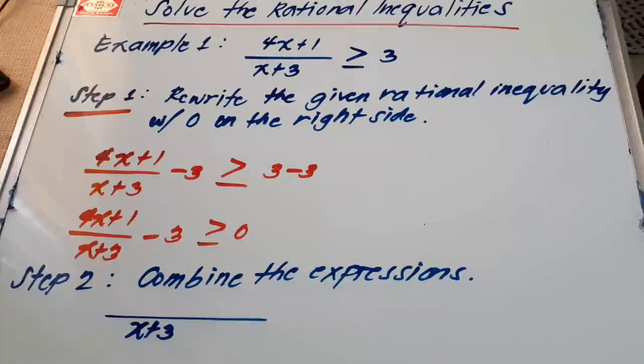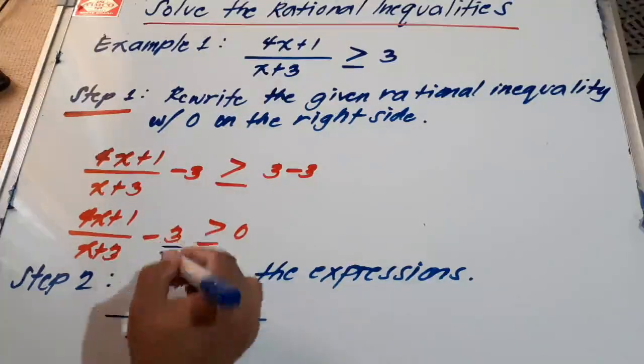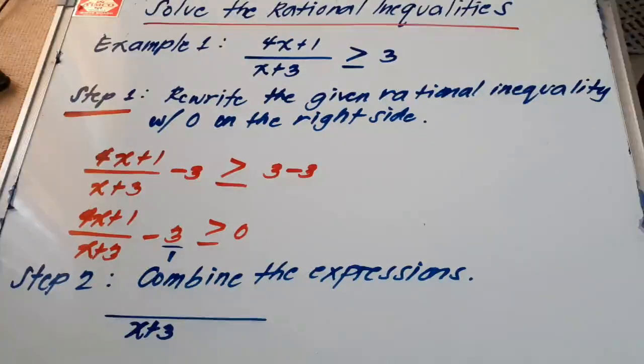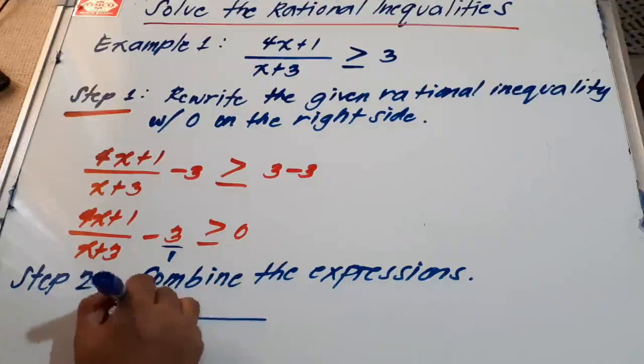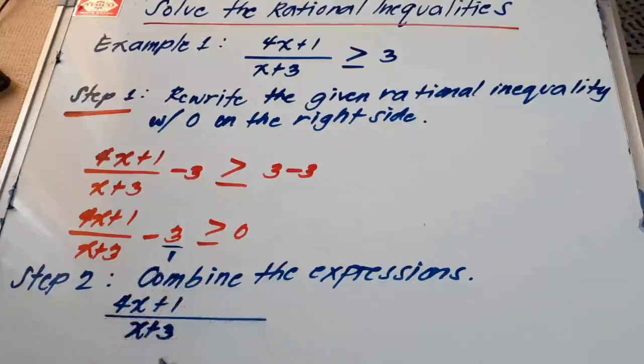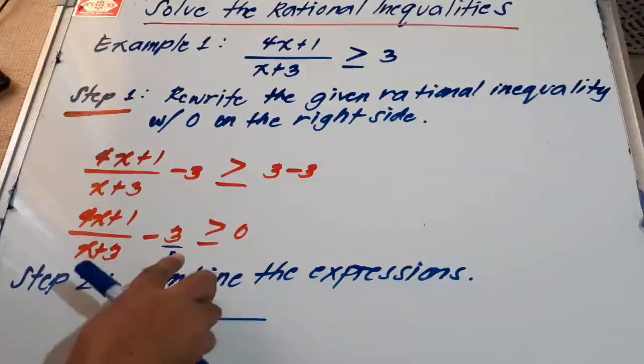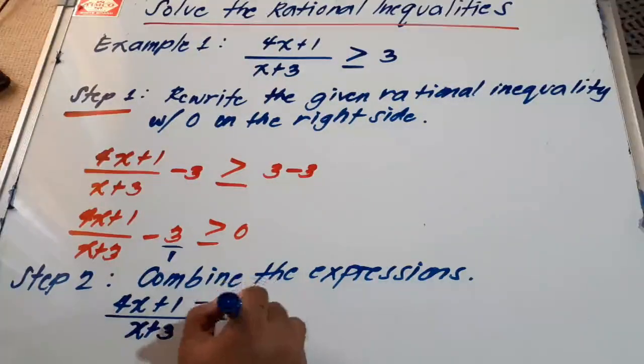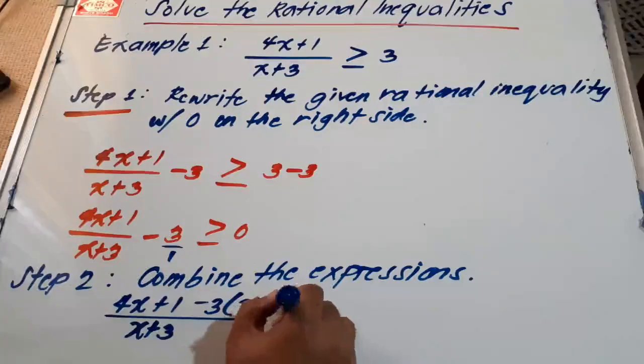So x plus 3 divided by x plus 3 is 1, times 4x plus 1 is 4x plus 1. And x plus 3 divided by 1 is x plus 3, times negative 3 is negative 3 times x plus 3.